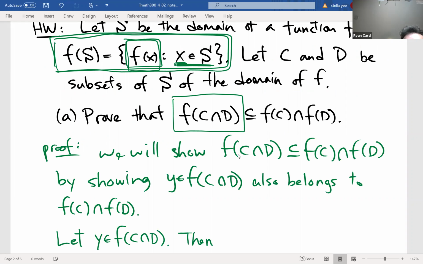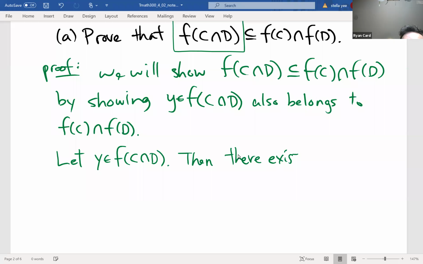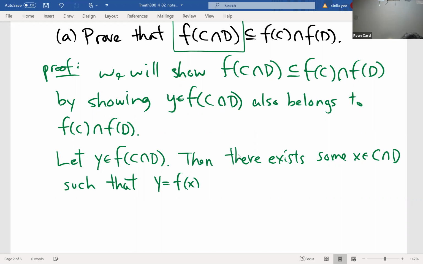So I could say that there exists some x in C intersect D such that y is exactly f of x. That's what it means to be in this set.